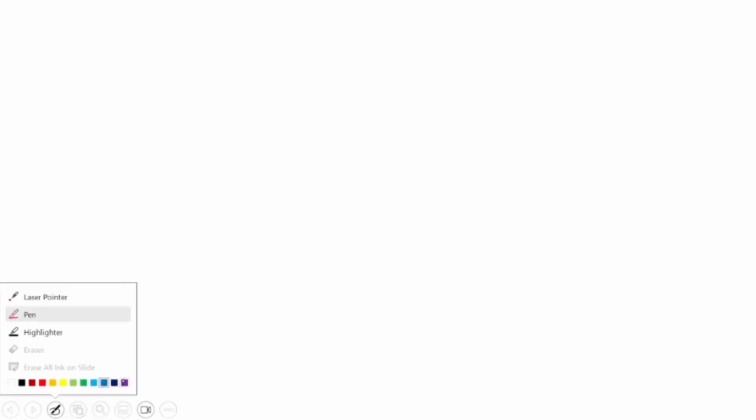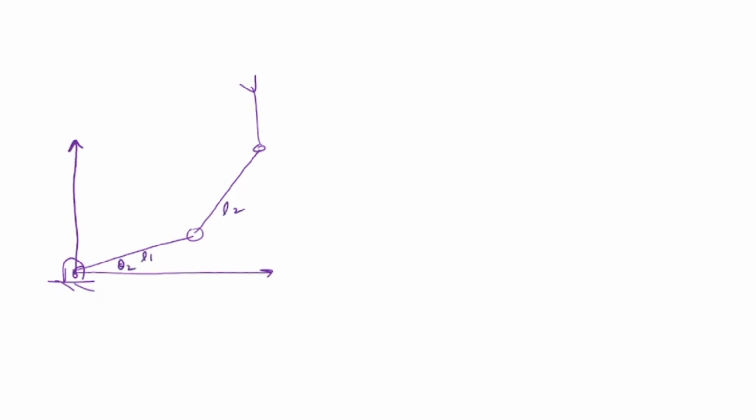Now I need to find theta 1. So how do you find theta 1? I'll just draw it very quickly. This is my L1, L2, and this is my theta 2.